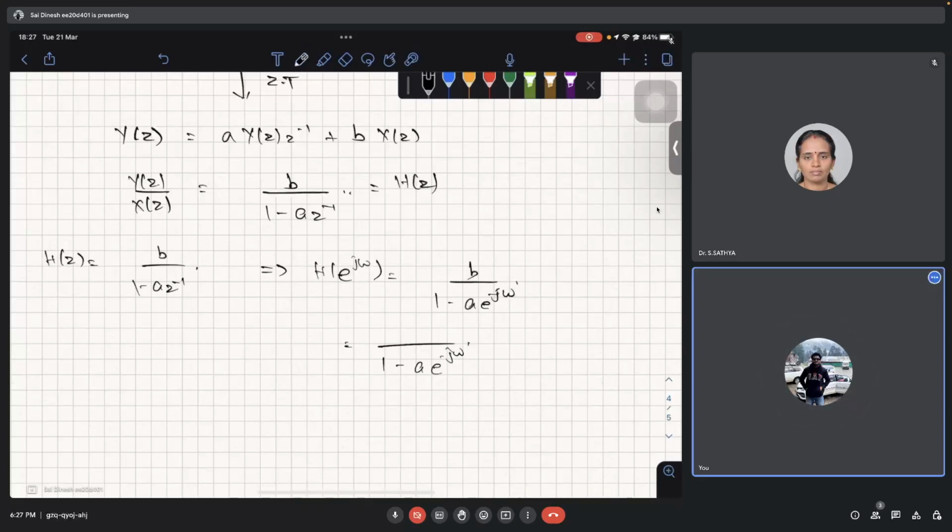Now we need to find the magnitude of this, b by 1 minus a e^-j omega.